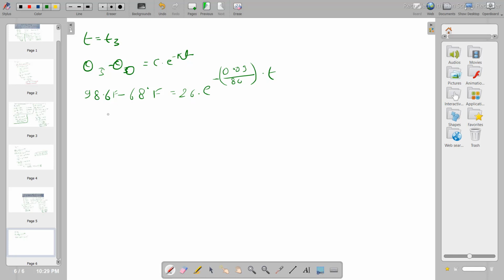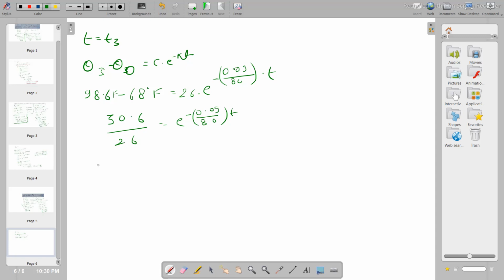So what is the value of 98.6 minus 68? It's 30.6. We can write 30.6 by 26 is equal to e power minus 0.09 by 80 into t.